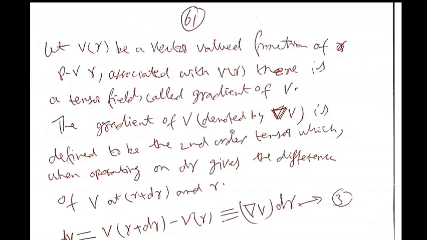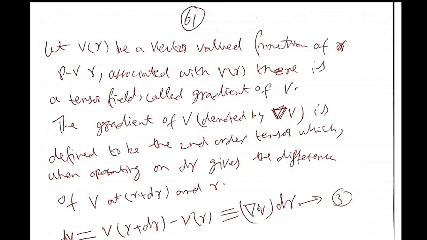Now how will we define this tensor field? We will define it in exactly the similar fashion as we have defined the gradient of phi, where we took the dot product of gradient of phi with dr. Now, as this is defined to be a tensor, what does a tensor do?